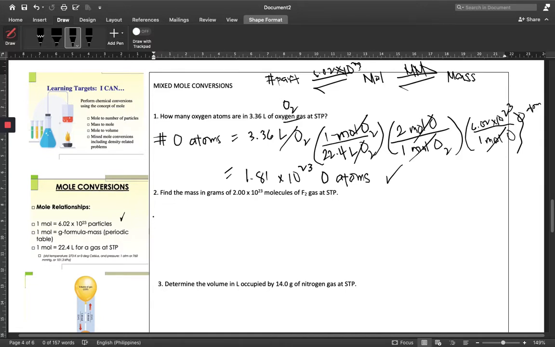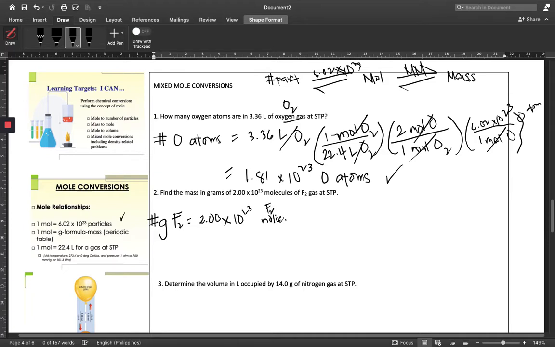So we start with grams of fluorine gas. Grams of F2 is equal to 2.0 times 10 to the 23 molecules. I'll just shorten it to molec F2.